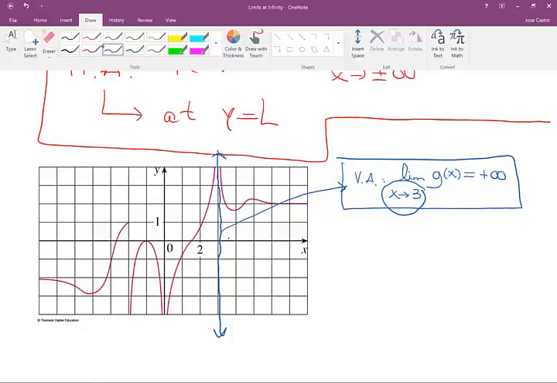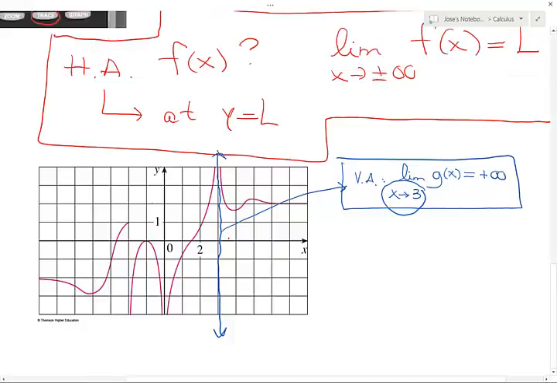What about a horizontal asymptote? For a horizontal asymptote, we have one in here going to positive infinity, and we have a different one going to negative infinity. I want you to see that. So what is the telltale for horizontal asymptotes? You have to take the limit of the function g of x, but now going to either positive infinity or negative infinity.